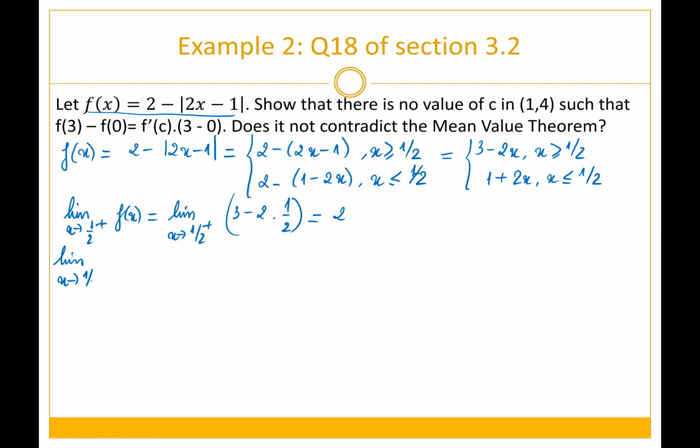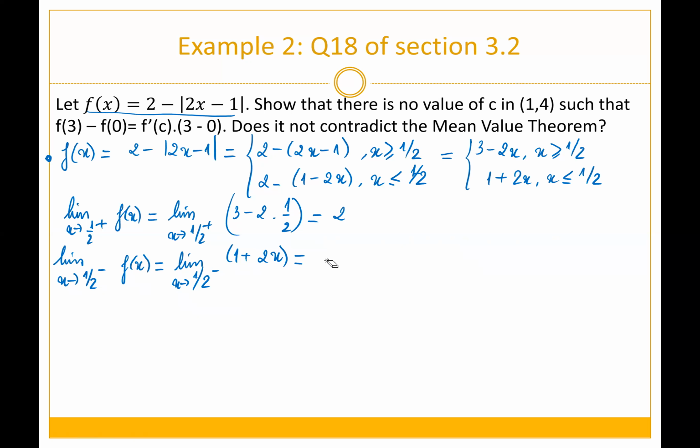This is the step where we try to find if the function satisfies the theorem first before using it. On the left side it's 1 plus 2x, which, if you plug in half, is going to equal 2.